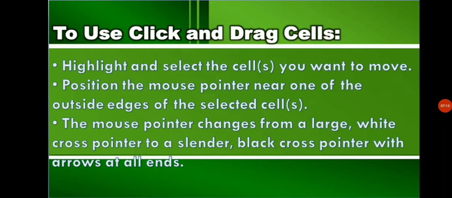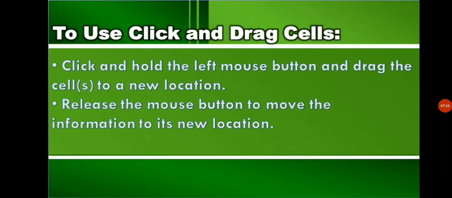Keep the mouse pointer on the outer edge of the selected cells. Click and hold the left mouse button and drag the cells to a new location. Then release the mouse button to move the information to its new location.